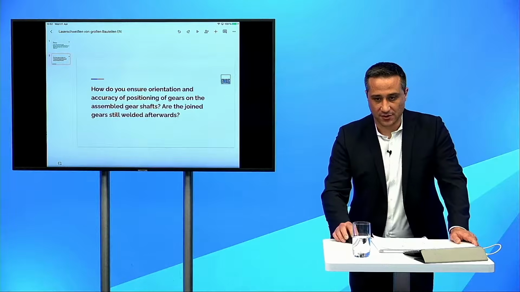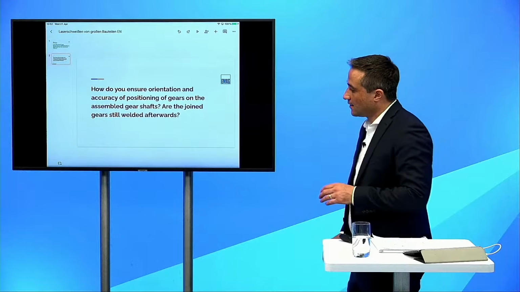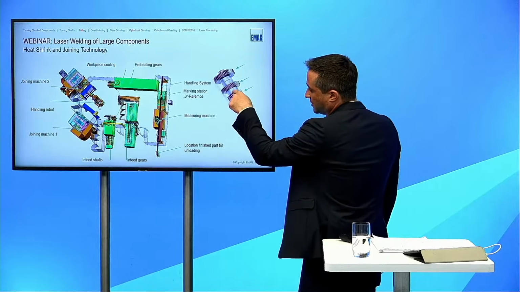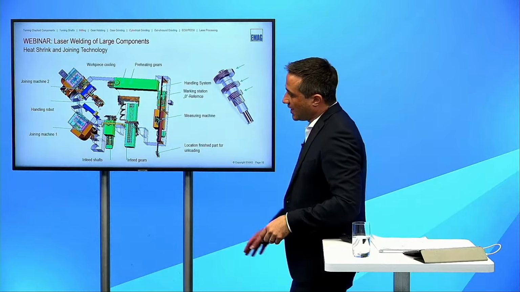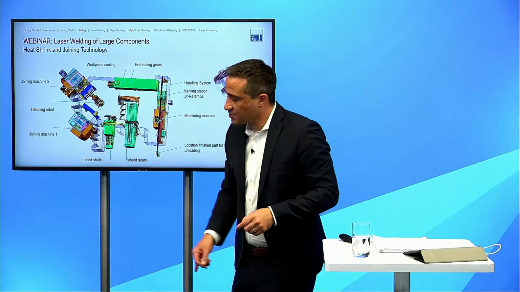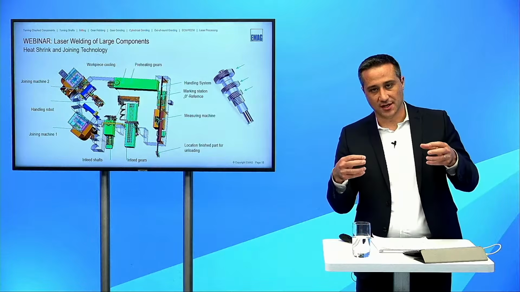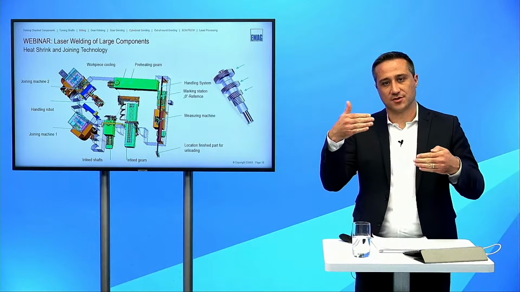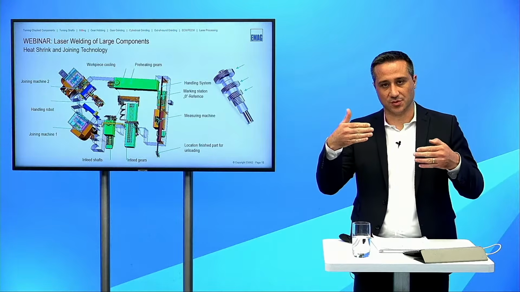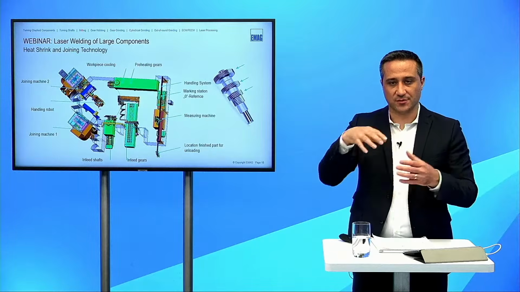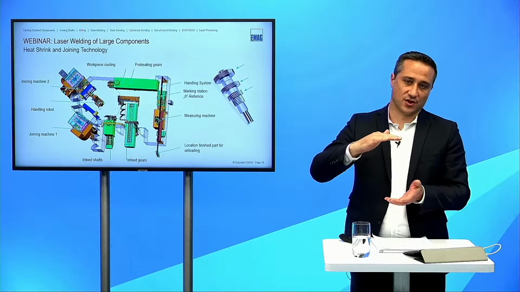So first of all, to find the very right orientation between the single gears, we are having in every joining machine a possibility with sensoric as well as hardware, which is always controlling the position in between. So we are able to rotate the workpiece into the very right position before we start with the joining operations.